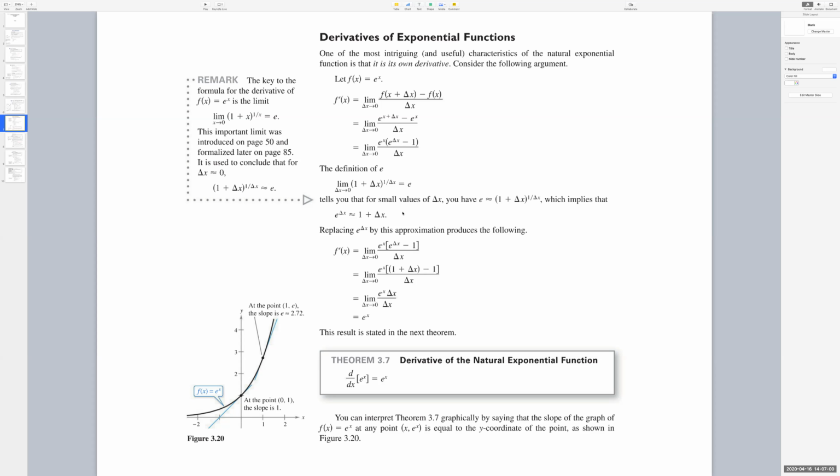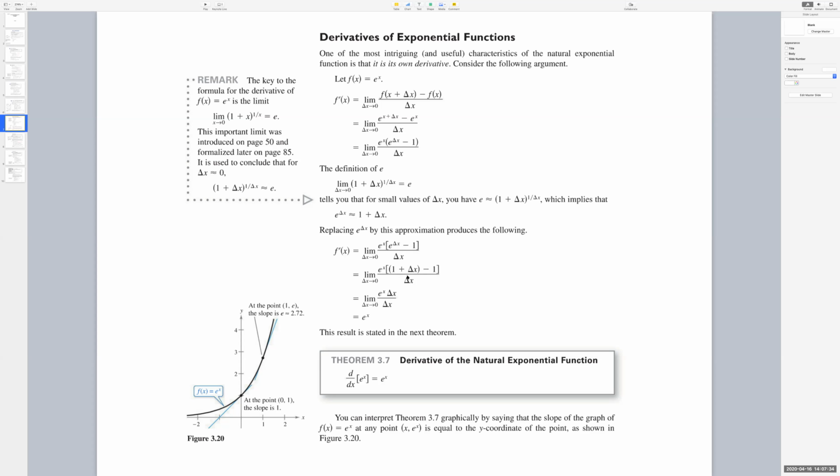So you can see that for very small values of delta x, e is approximately 1 plus delta x to the 1 over delta x, which implies that e to the delta x is the same as 1 plus delta x. So you replace e to the delta x with 1 plus delta x here, and substitute this back into the limit that we have, to get e to the x times 1 plus delta x.